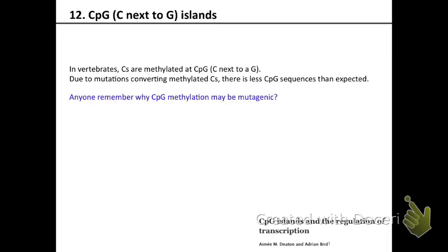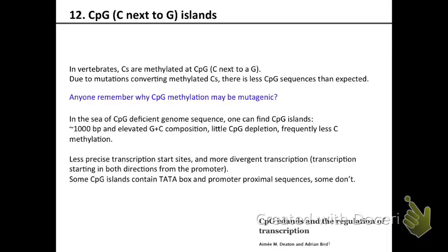Now, that happens across the whole genome. So when you're looking at whole vertebrate genome sequences, you're going to see that there's a CpG deficiency, and within this genome, you can actually find what we call CpG islands.